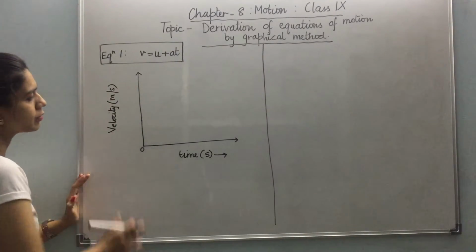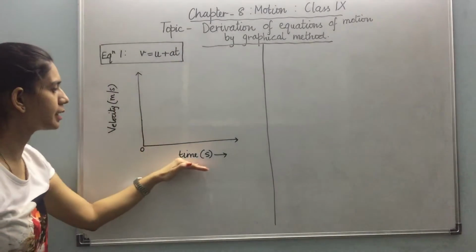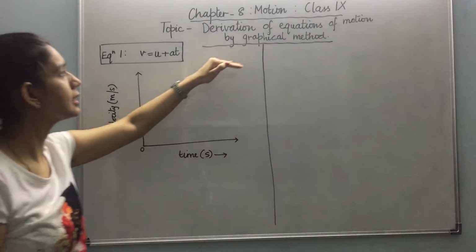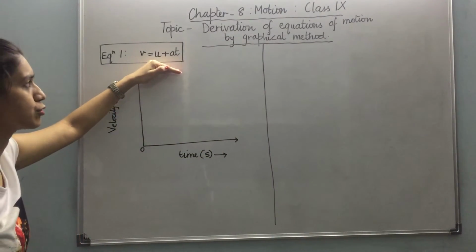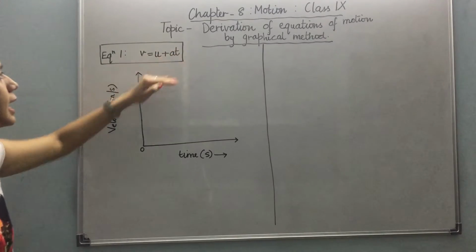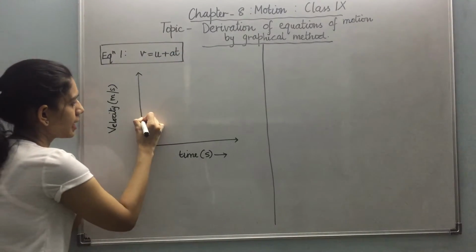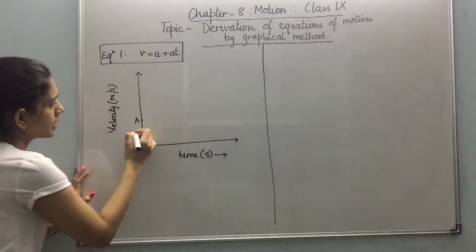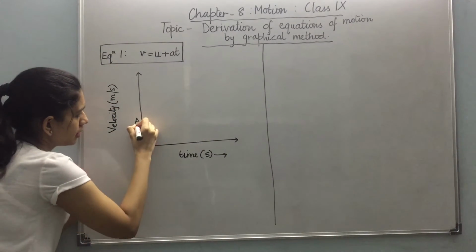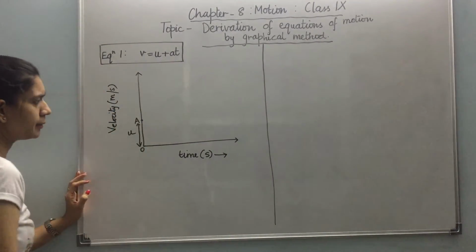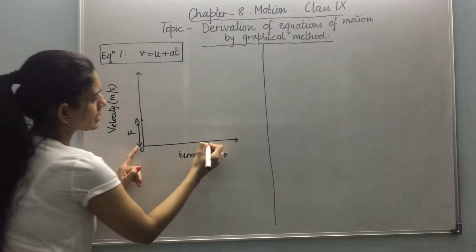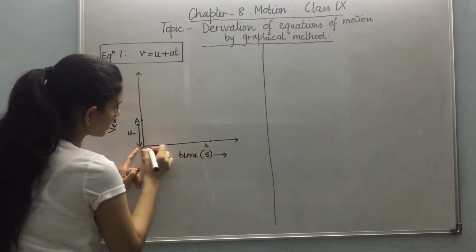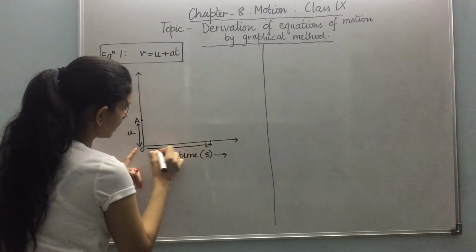So let us start. We have considered a velocity time graph. We can derive this equation of motion assuming that the object is, let's say, at point A initially. So if the object is at point A, its initial velocity would be OA. And let us assume this entire time is t seconds.